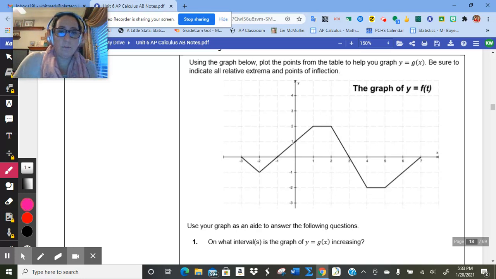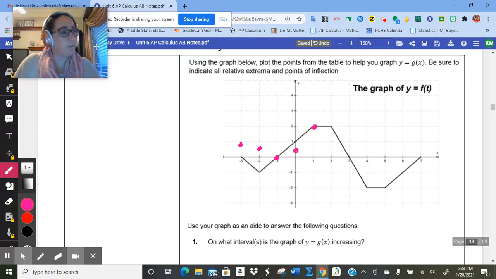So at -3, we knew that our function was at 1. At -2, we knew our function was at 1/2. At -1, we were at 0. At 0, we were at 1/2. At 1, we were at 2.